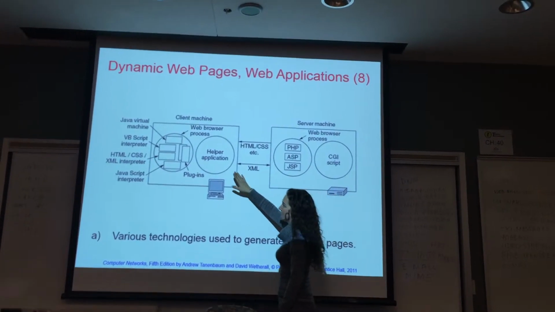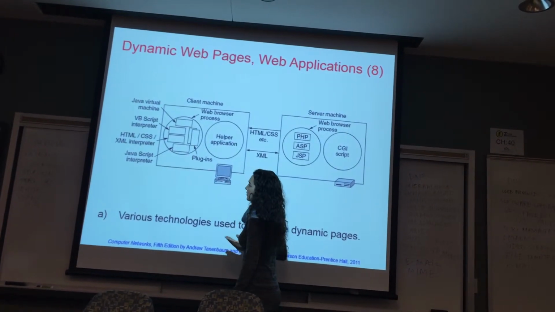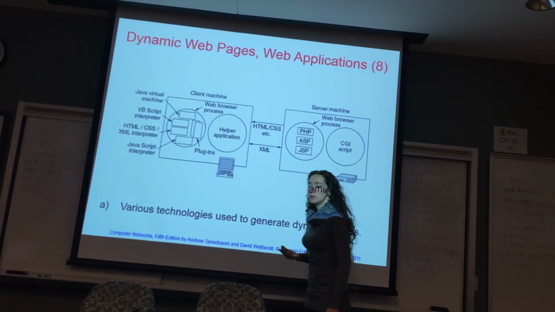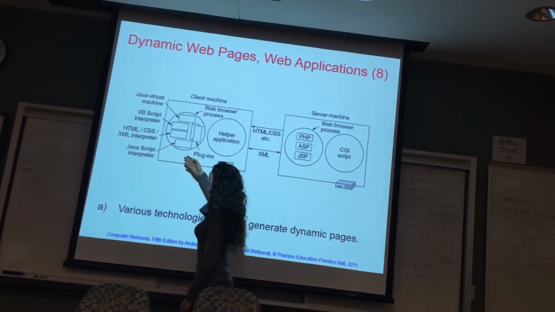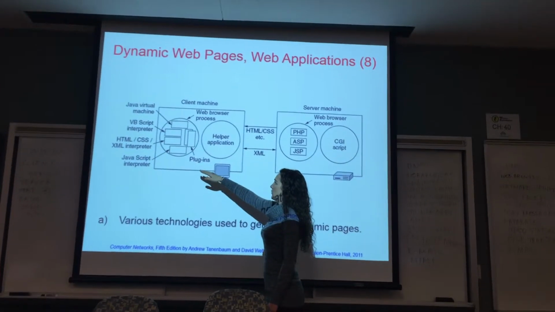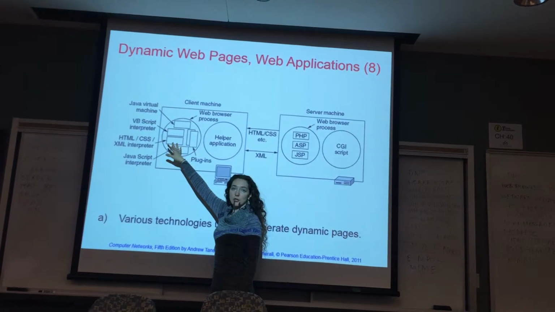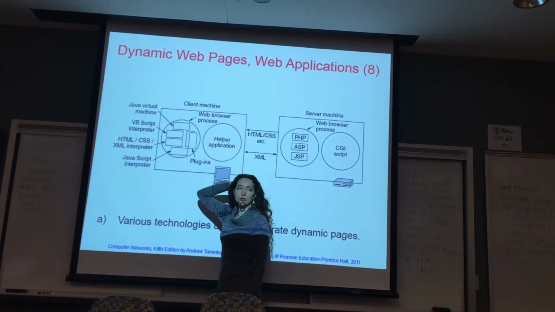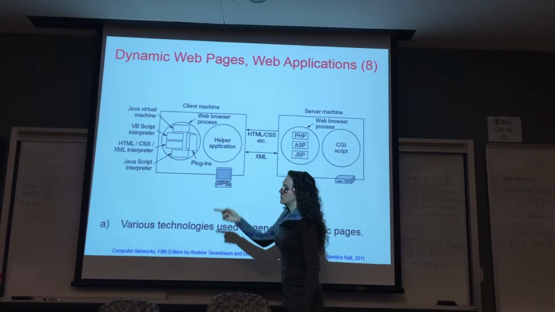And on the client, we can also do some processing if we want to. In that case, we would use scripting languages, such as JavaScript, VBScript, and things like that, which allow us to create these plugins that we mentioned earlier can be loaded inside the browser if you want the browser to do something more complicated than just display HTML.